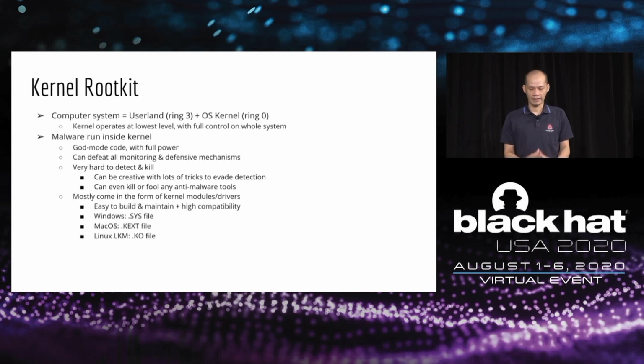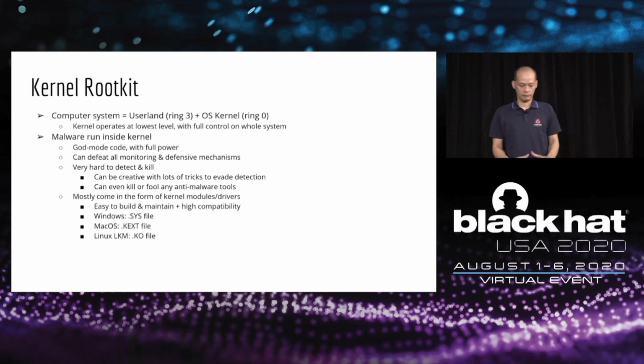And malware running inside the kernel is called a kernel rootkit. Because a kernel rootkit functions at the same level as the kernel, it has full power. So it can defeat all the monitoring and defensive mechanisms in the system. Kernel rootkits are very hard to detect and kill because they can have many tricks to evade detection, or they can even kill or fool any anti-malware tools.